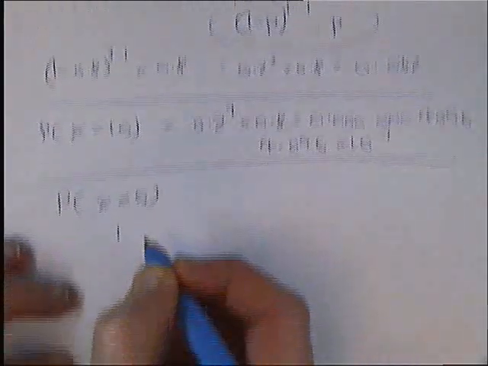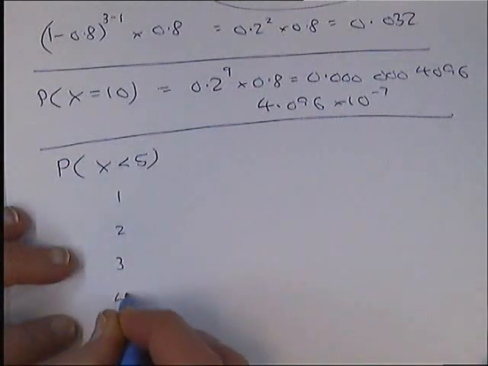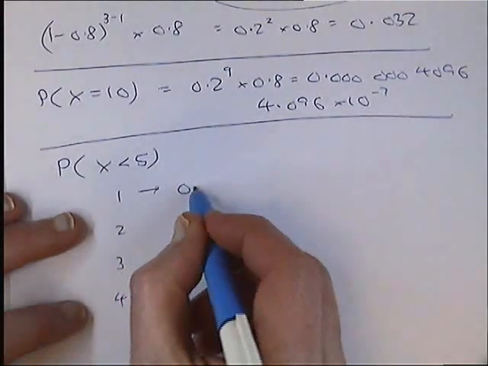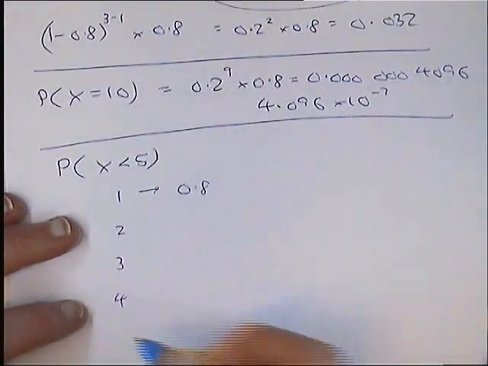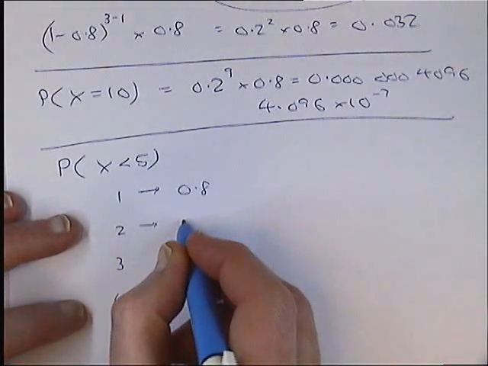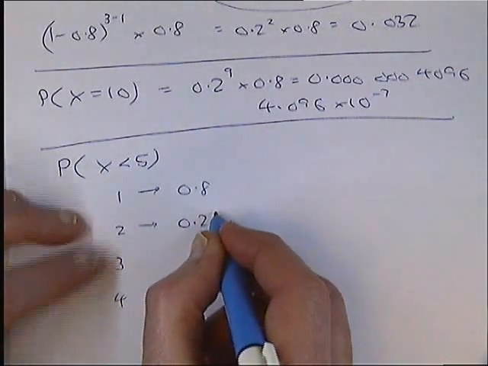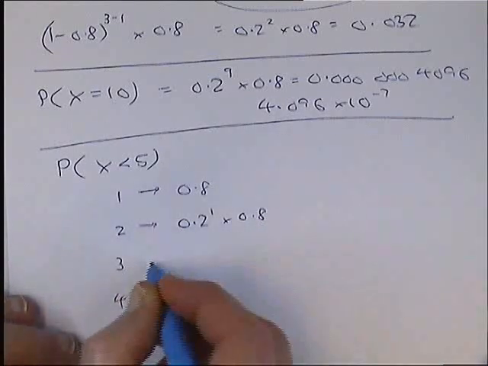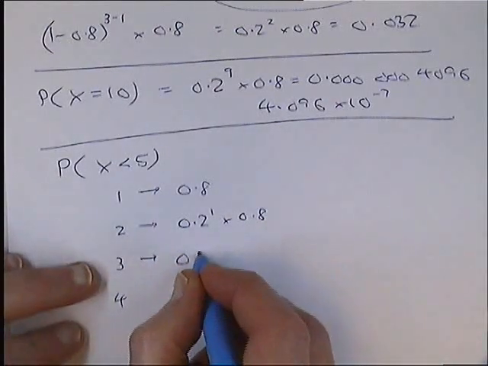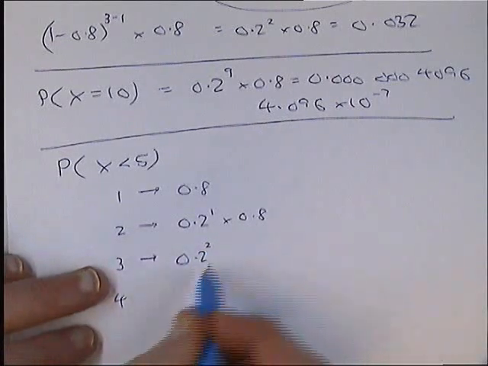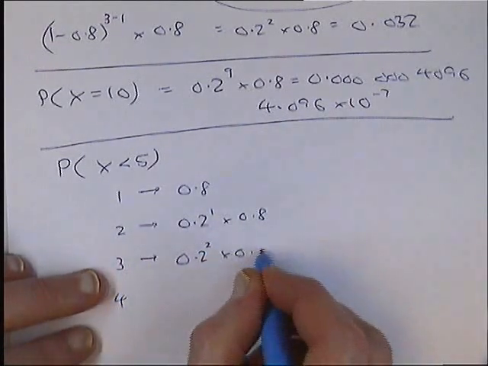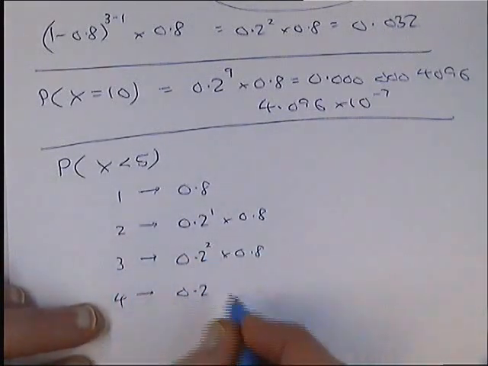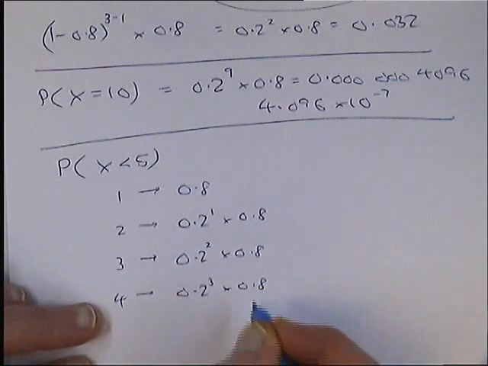If he's successful on the 1st attempt, that's just 0.8. The 2nd attempt is (1 minus p) to the power of 2 minus 1, times 0.8. A hit on his 3rd attempt is 0.2 to the power of 2, 1 below this number, times 0.8. The 4th attempt is 0.2 to the power of 4 minus 1, times 0.8.